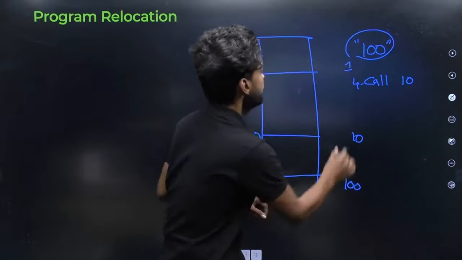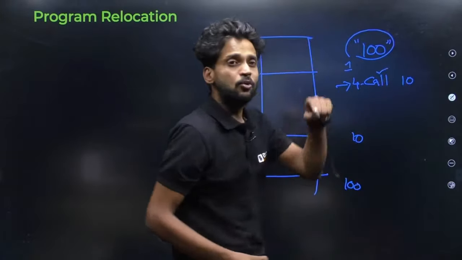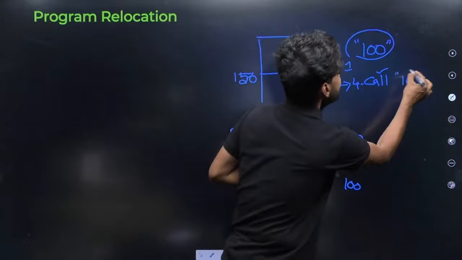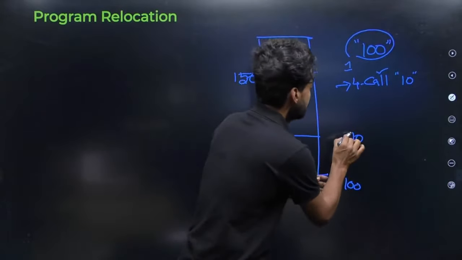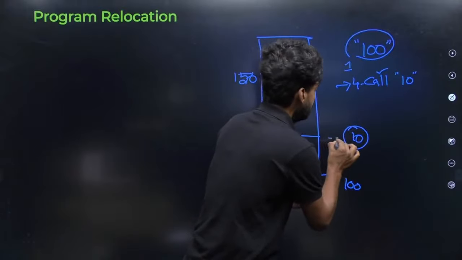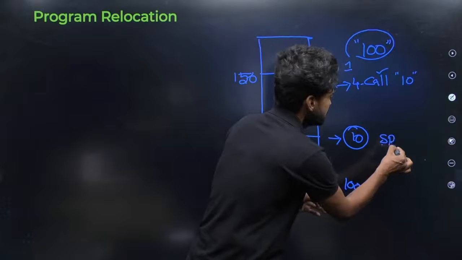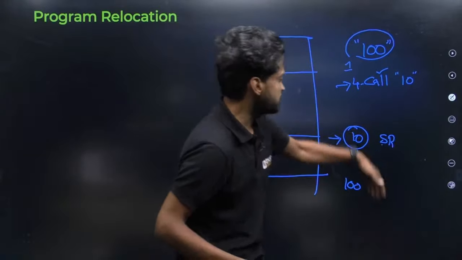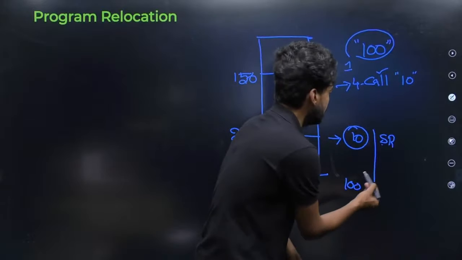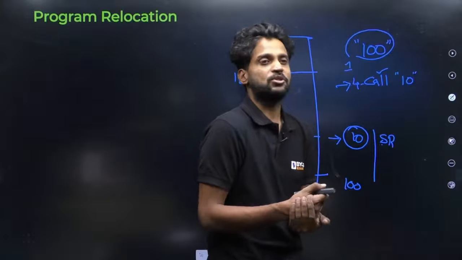Within the 4th instruction, I made a call to the 10th instruction. When I make a branch, I will go to the 10th instruction where the subroutine originates. Generally, calls trigger a subroutine in execution. There is a subroutine available right from the 10th instruction. After I call, the subroutine will start its execution.